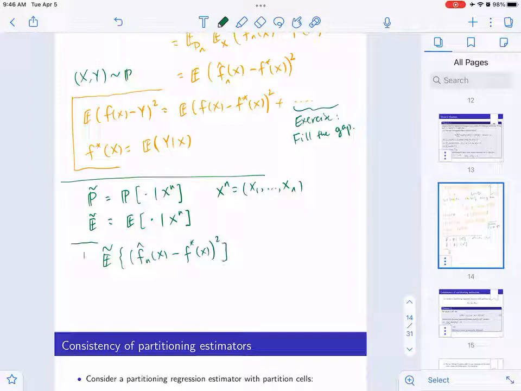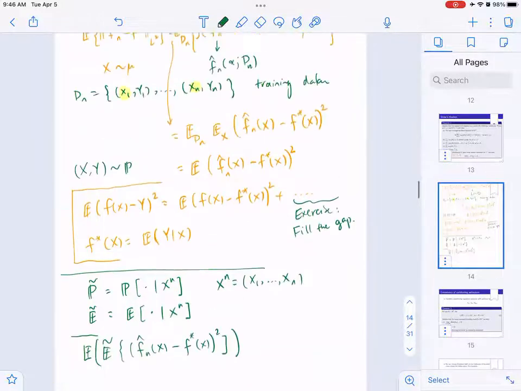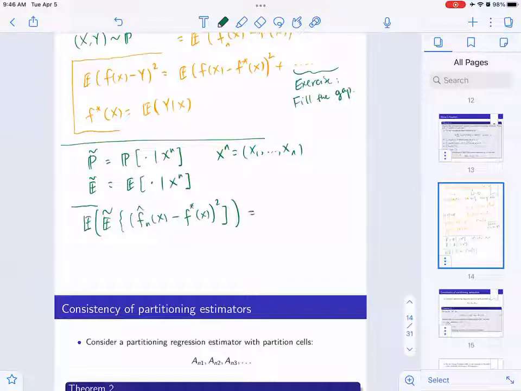If I take another expectation, that would just give me the loss that I want, the unconditional expectation of f hat n x minus f star x squared. This is the smoothing property of conditional expectation: if I put a total expectation outside, it just removes the condition. So the loss that I'm looking at is something like this, and just remember this.